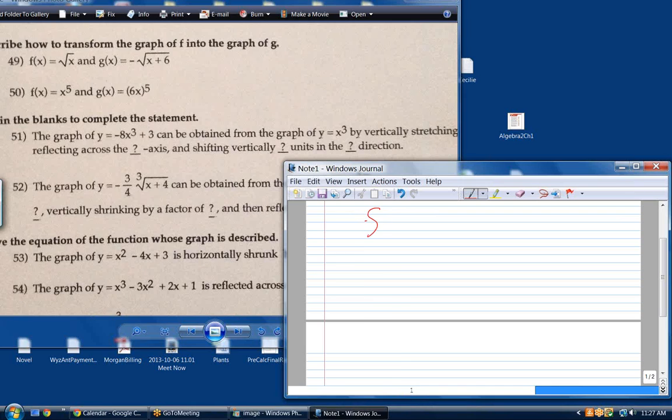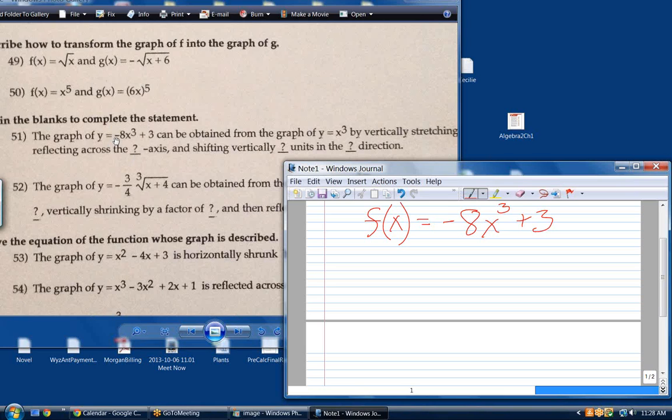Here, I think it actually is quite effective to call these f of x instead of y. You'll notice that this is some sort of a modification of y equal x cubed. And it says by vertically reflecting about which axis? Now remember, this negative sign is out in front.